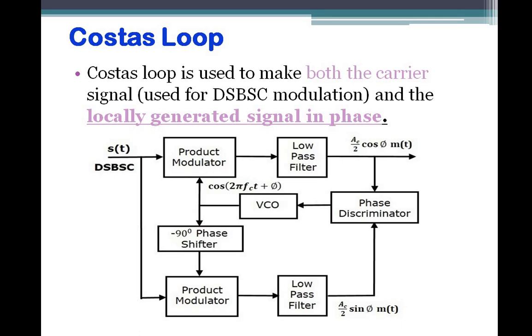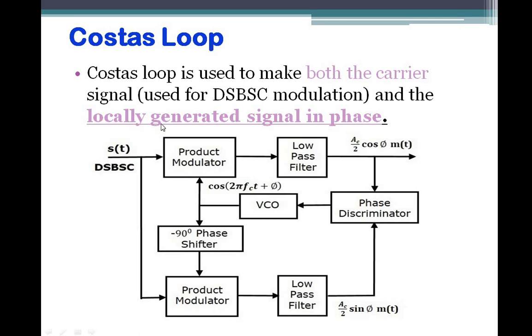What we are doing in Costas loop, it itself finds out the difference between them, the frequency or the phase used in the modulator at the transmitter side. It compares and gets synchronization. So in the Costas loop, we make both carrier signals, at the transmitter and the receiver, in phase.